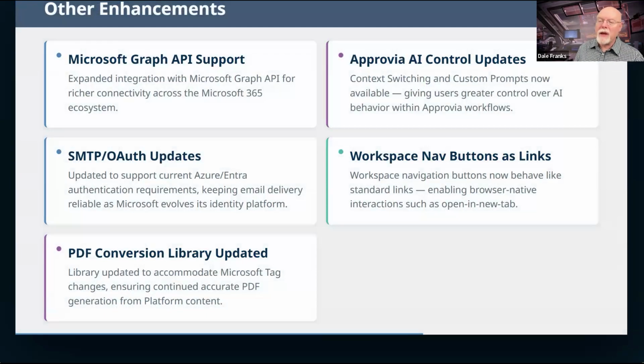But those are not the only things we have done. Two big issues have arisen over the past couple of months, and that has been with the relatively large number of changes that Microsoft has made on the Azure/Entra side. And we've had to keep up with those.